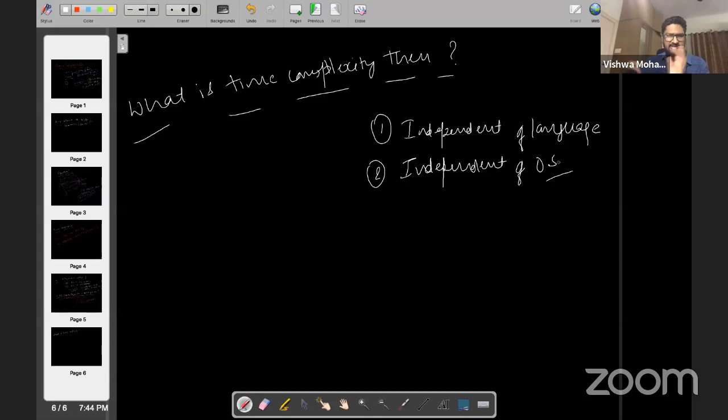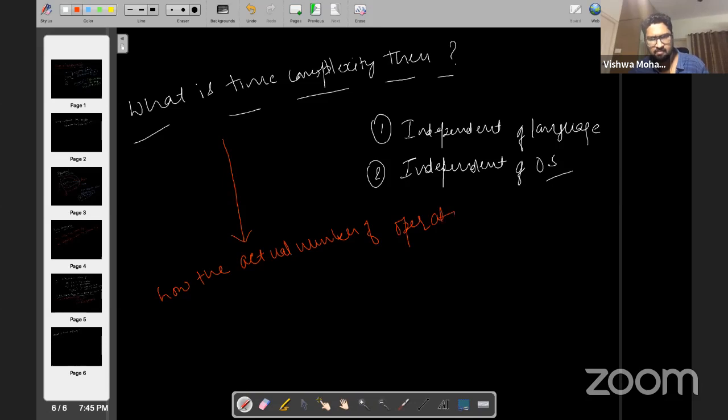So now with these things in mind, how do we define the time complexity? Now I'm coming to the actual definition of time complexity. The definition of time complexity says how the actual number of operations depends on the input size.